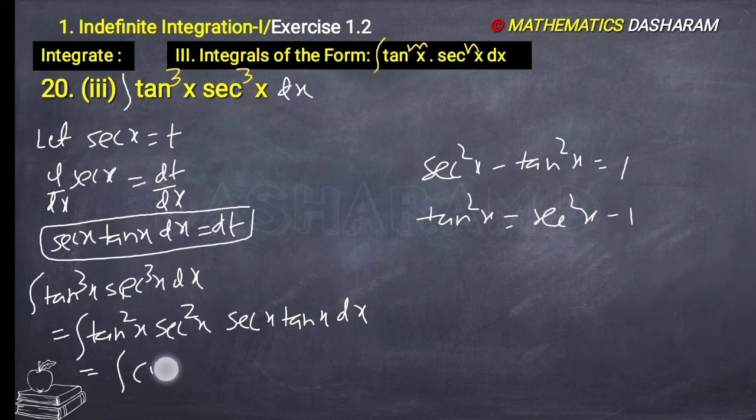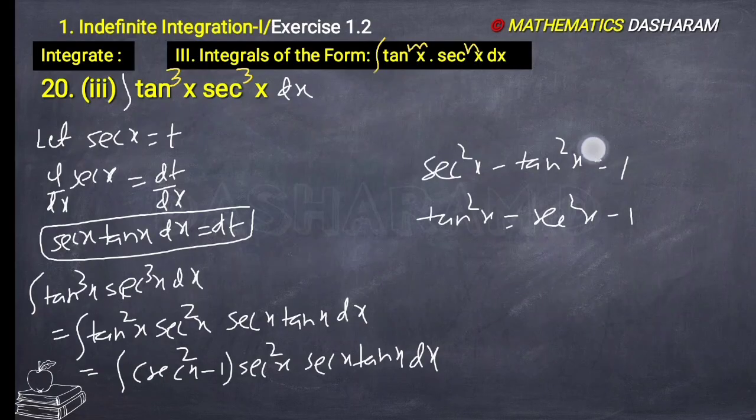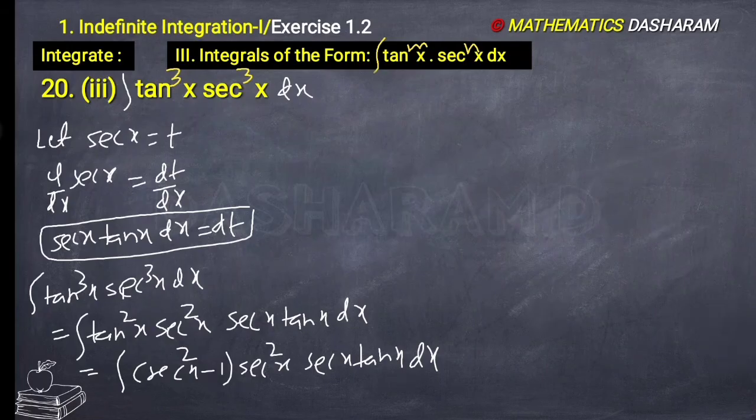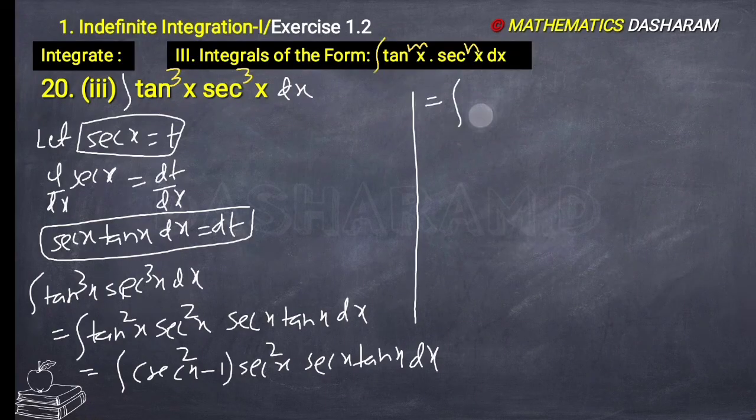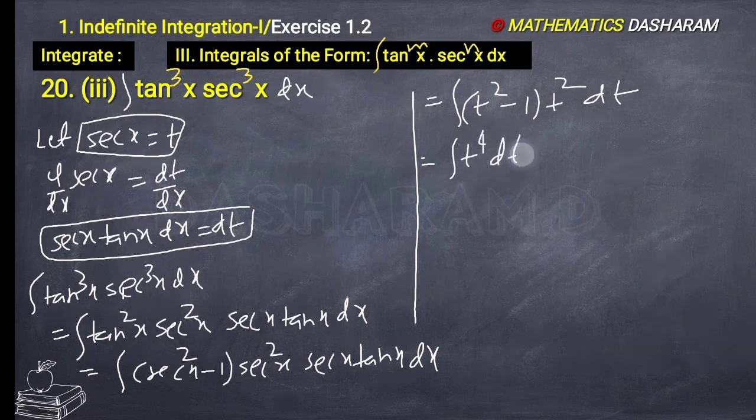So substitute that value. Now substitute the sec x value and the sec x tan x dx value. So it is equal to the integration of t square minus 1 into t square, and sec x tan x dx equals dt. Now multiply t square inside: t to the power of 4 dt minus t square dt.